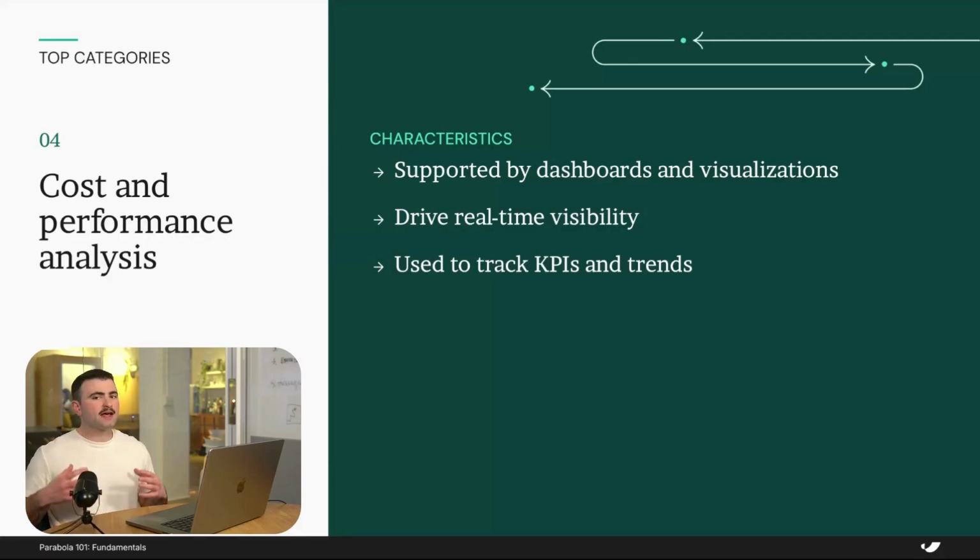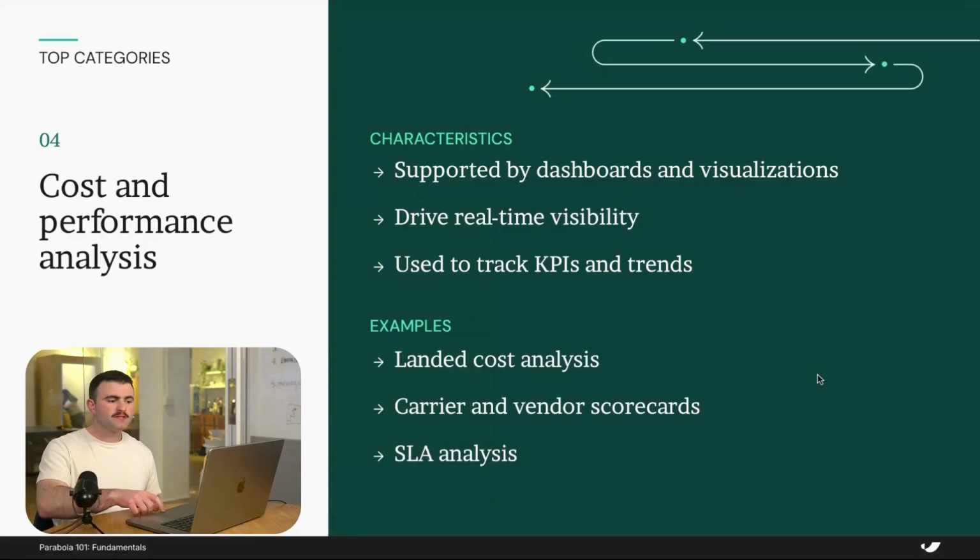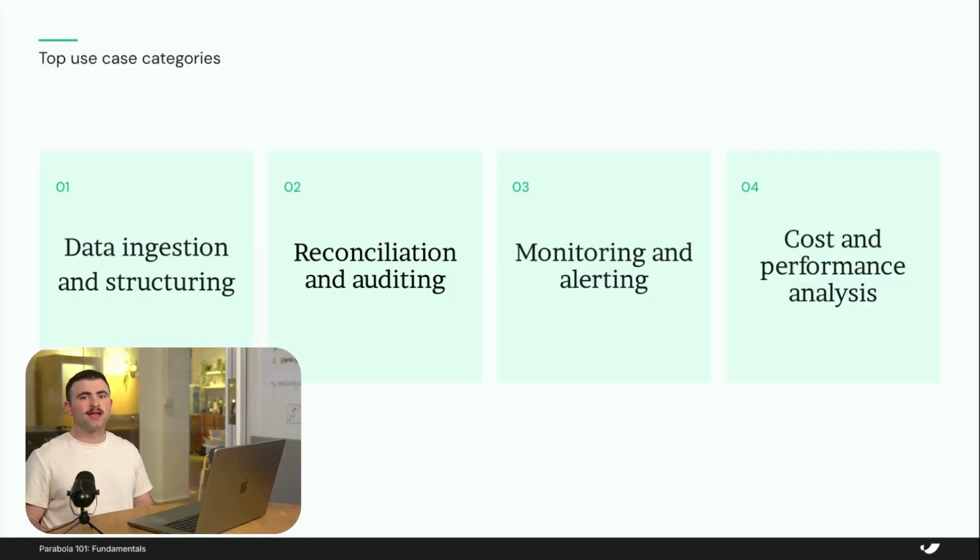Think of these as your common reporting use cases, where maybe you're building dashboards in your ERP, but you're missing data from other sources, and so you're breaking into spreadsheets to create visualizations and provide the business with visibility. We often see these flows when we're analyzing landed cost or maybe creating scorecards for carriers and vendors. Those are the most common categories of use cases in a nutshell.